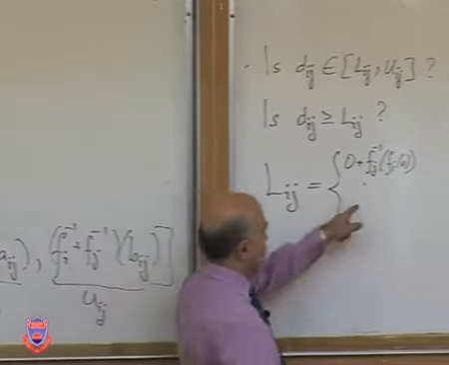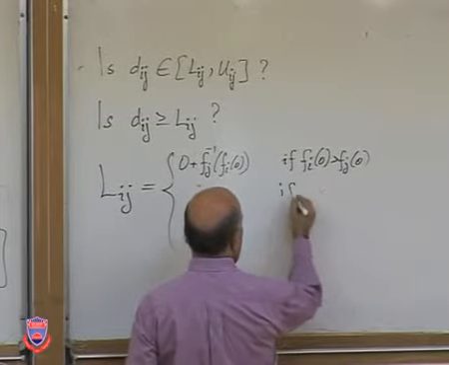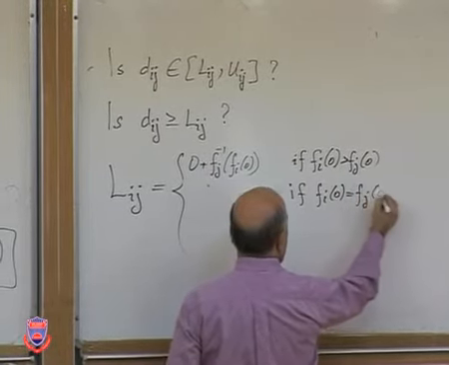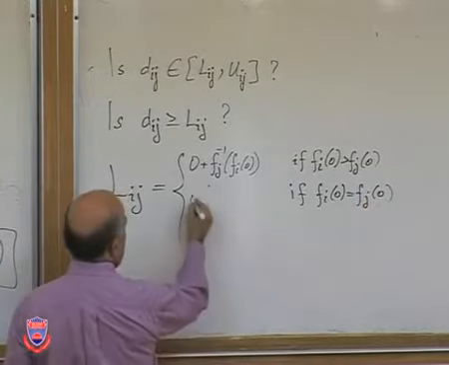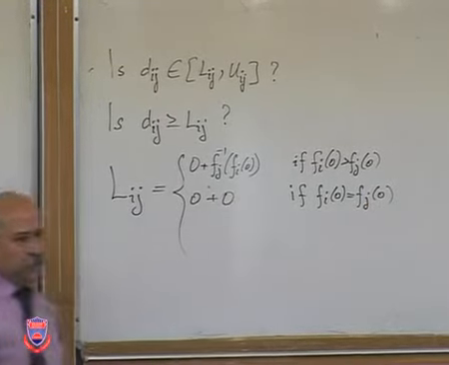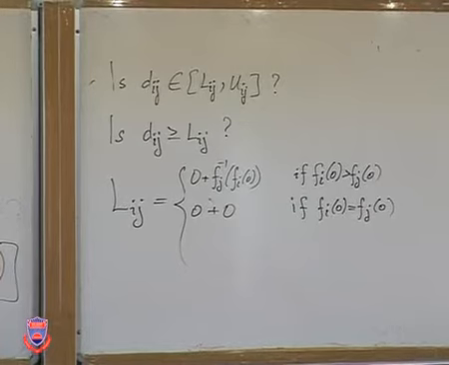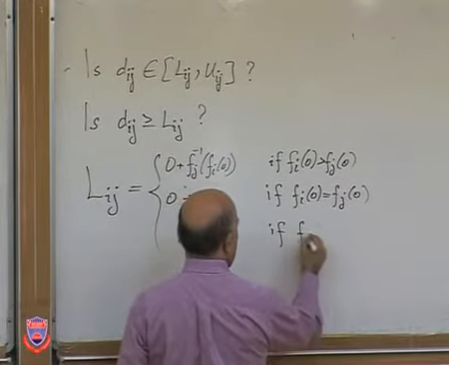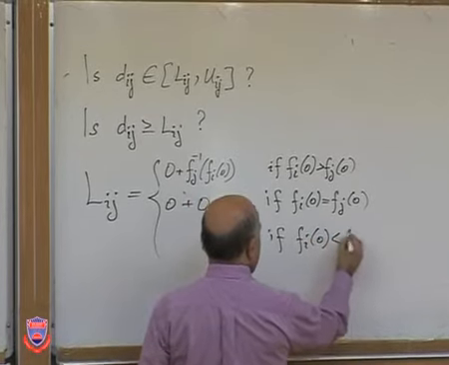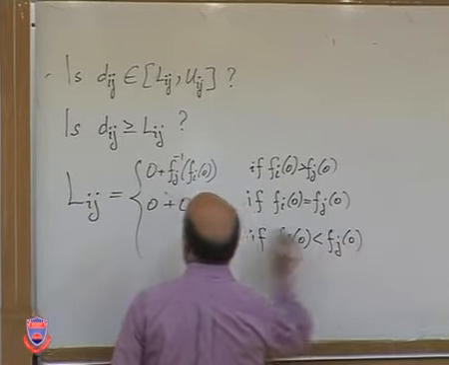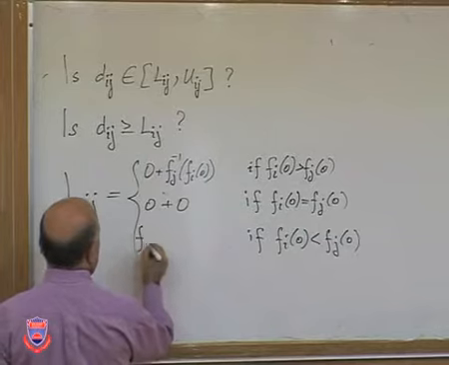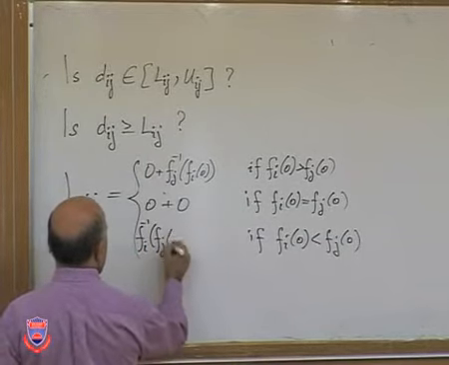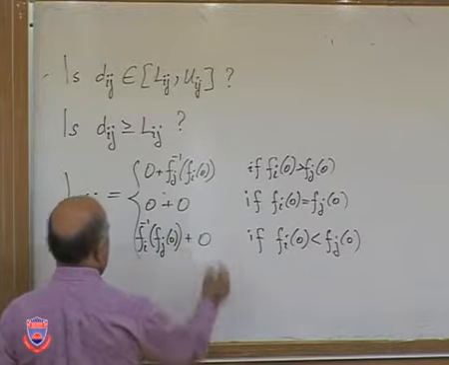In the second case, well, assume they are equal. In this case, of course, it outputs 0 plus 0. In the last case, it's symmetric, so the inequality here becomes Fi inverse evaluated at Fj0 plus 0.